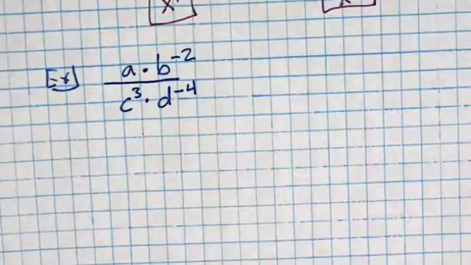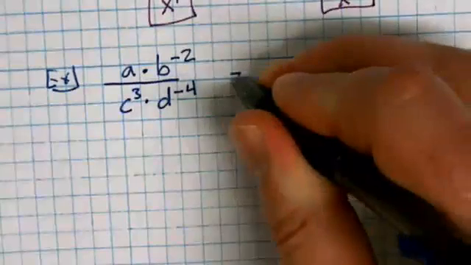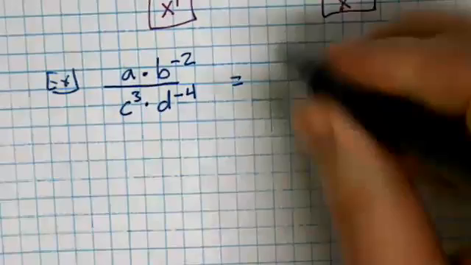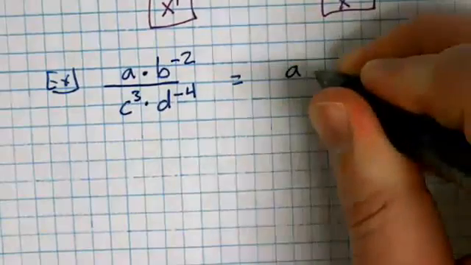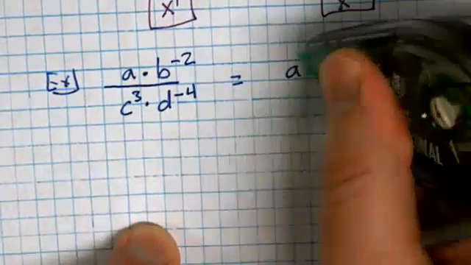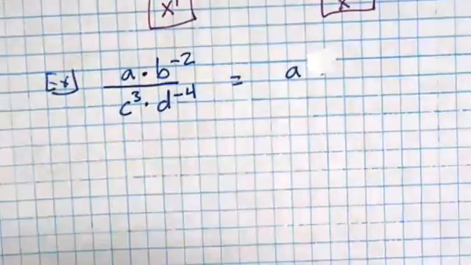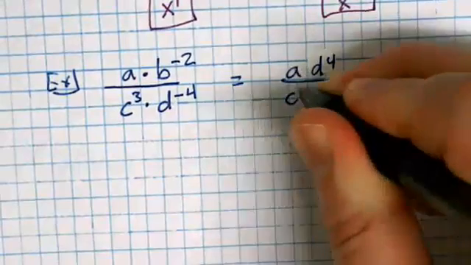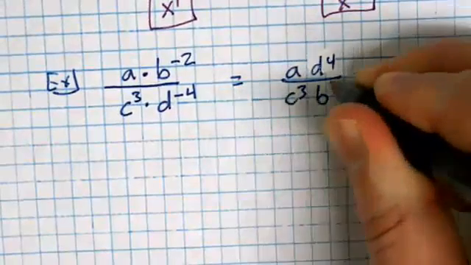And I'm going to write down what my final answer is. And I want you to see if you can figure out sort of a shortcut that we could use to get to that final answer. So the final answer for this is actually going to be A times D to the 4th. Sorry, I wrote that backwards. Not B, but D, over C to the 3rd times B squared.